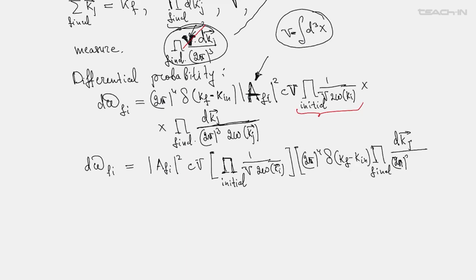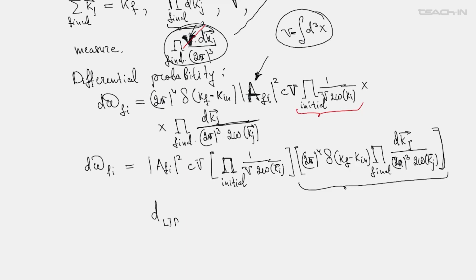I'll just recombine the terms, because the expression in this bracket defines the quantity which is called the Lorentz invariant phase space measure. That's the standard terminology for this quantity. It's denoted by d LIPS, Lorentz invariant phase space measure.